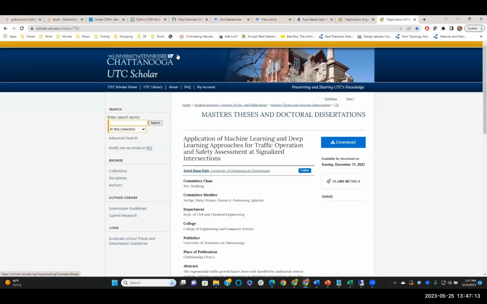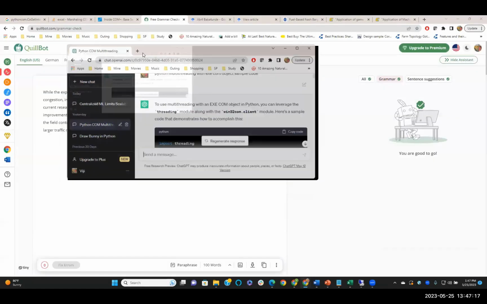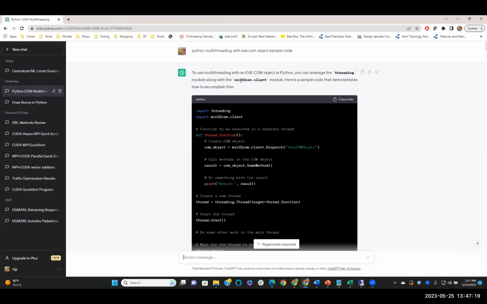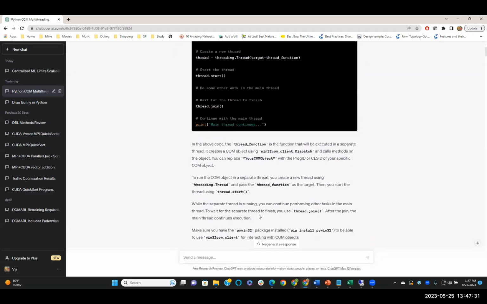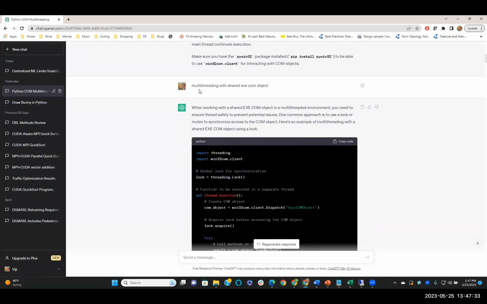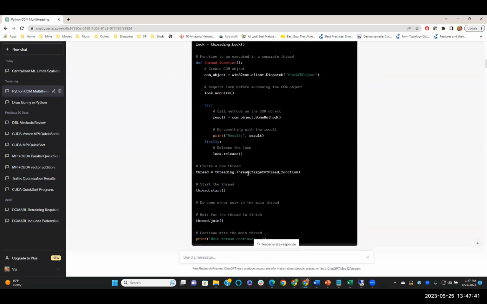So after yesterday's class, I was able to use ChatGPT. I first simply asked about Python multi-threading, and it gave me simple threading code. Then I asked the question, multi-threading with shared exe, and it gave me the COM object with the shared exe.